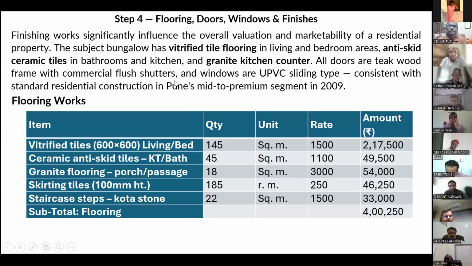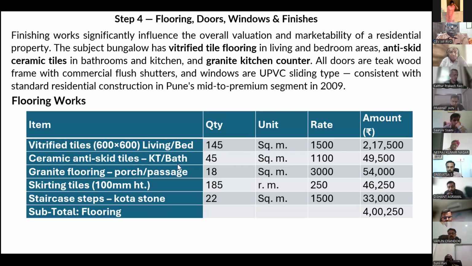Then similarly, finishing work: flooring, doors, windows, and finishes. We are using vitrified tiles of 600 millimeter by 600 millimeter in the living and bedrooms. Quantity 145 square meter, rate is 1500 per square meter, 2,17,500.